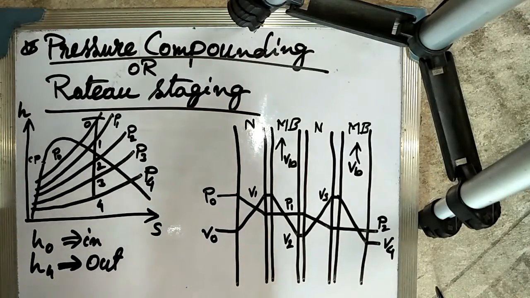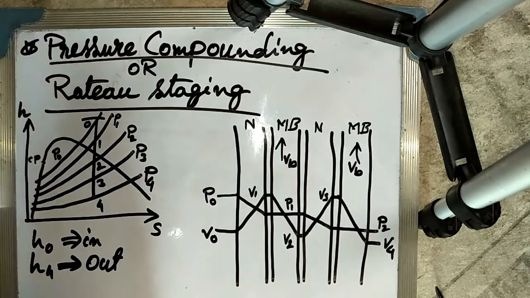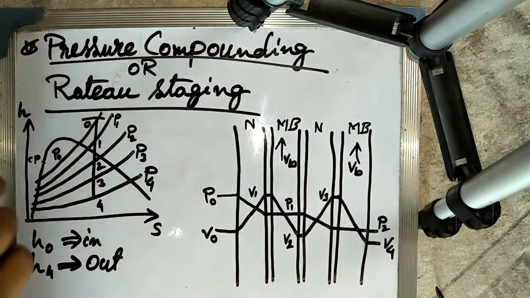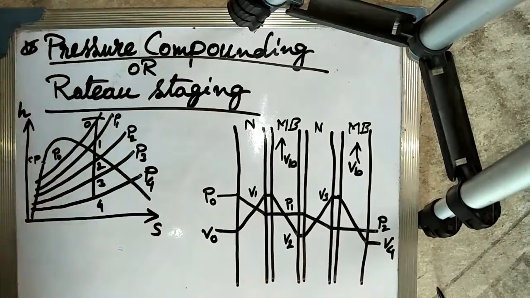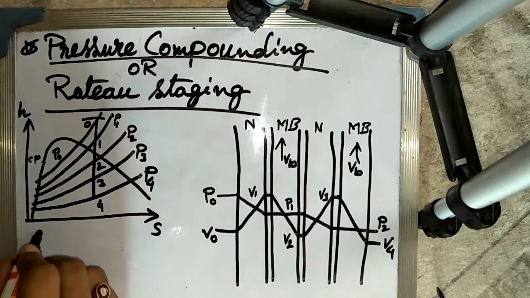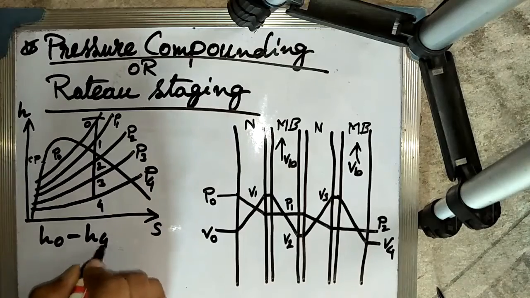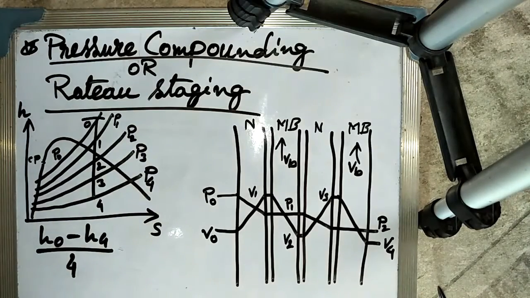The total enthalpy drop, H0 minus H4, is divided equally among the four stages in the turbine. So in the Mollier diagram, the enthalpy drop per stage is written as H0 minus H4 by 4.